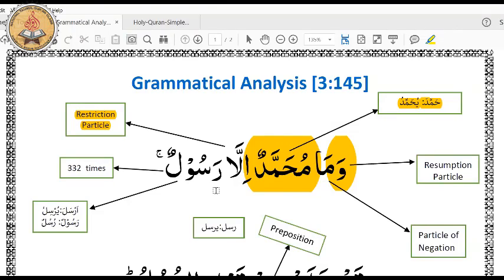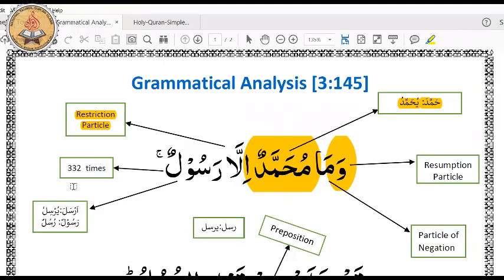Illa, except. Wa ma Muhammadun, Muhammad is not anything, and then we understand that it is totally negating. And illa, except, what is his definition, his office and his designation? Rasul. The word Rasul has come 332 times in the Quran.